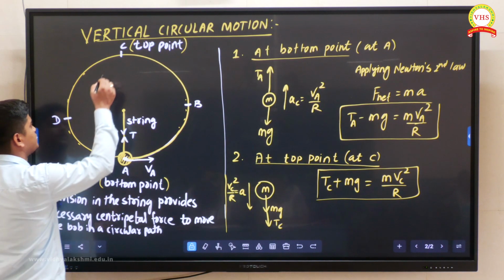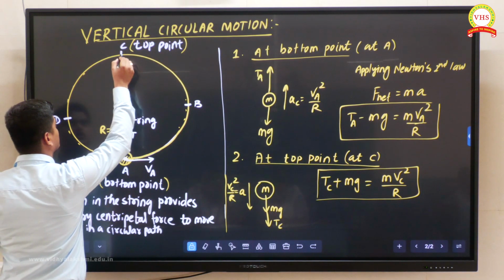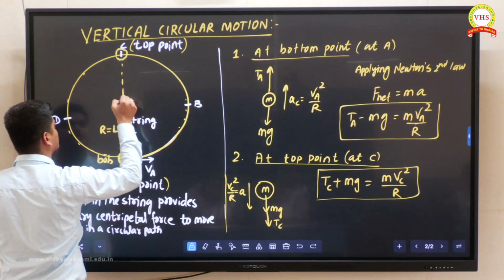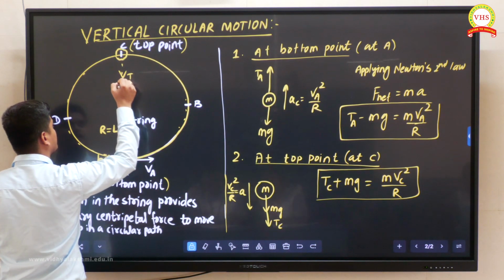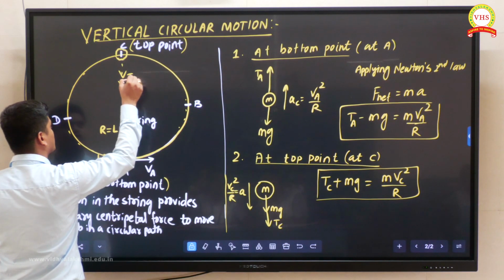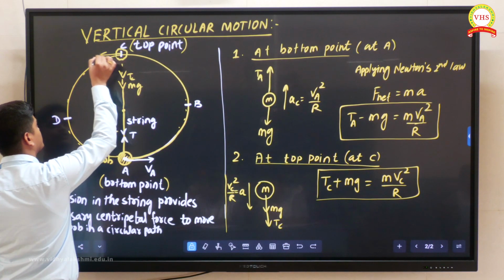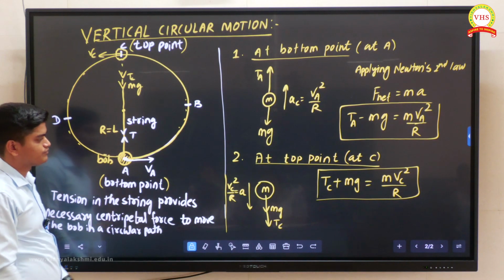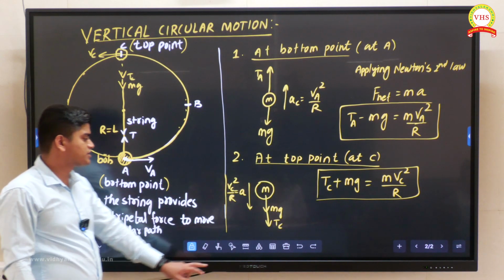When the particle is at the top, two forces act on it, T and mg, so Tc plus mg, and it is moving with velocity Vc, which gives vc square. Try to understand this.